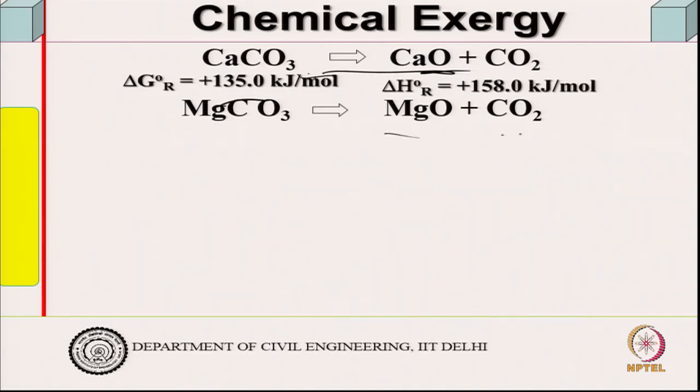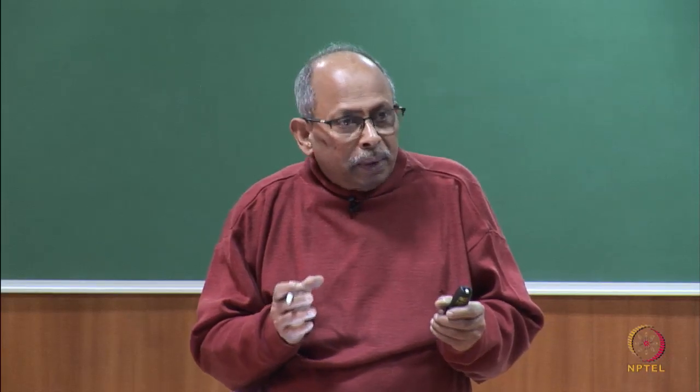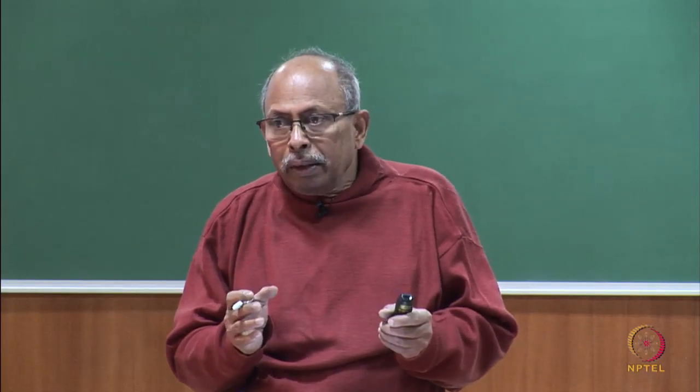So, how much energy is required, from chemistry we know, for calcium carbonate to calcium oxide and carbon dioxide, you want to break this, this is the delta H, change in enthalpy, that is the heat content. So, you have to at least supply this, but the efficiency of the system would be there. There is something called free energy. I am not going into the thermodynamics part of it, but let me just quickly explain. This is the change in heat content of the material, internal heat of the material.